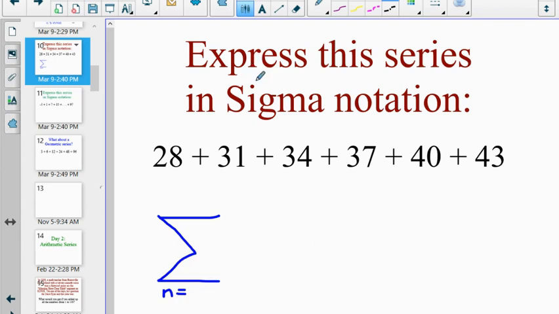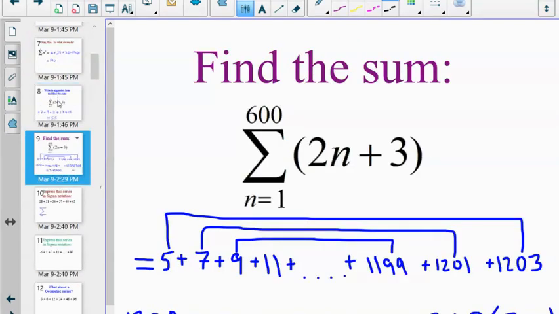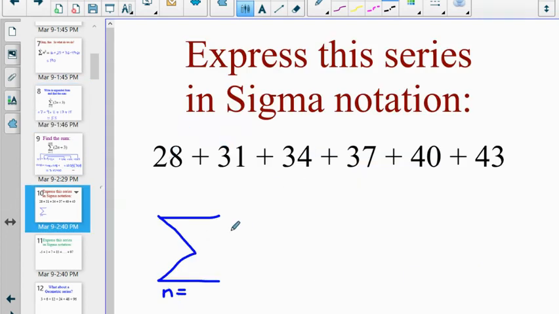One way that I could do this would be to be a little bit more sneaky about this and say, well, I noticed in the previous problem, and I guess the problem before that, this 2 times n is what made the terms go up by 2s. So if I want these to go up by 3s, let's go with 3n plus something.